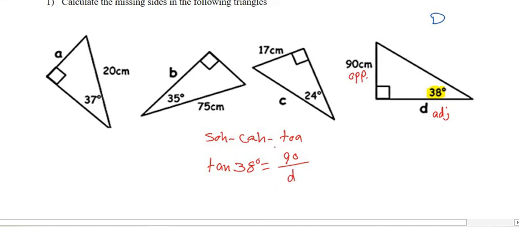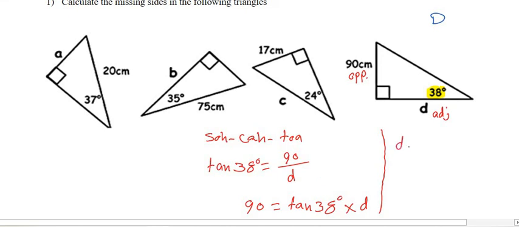And now we can apply cross multiplication again. So 90 multiplied by 1 simply equals 90 equals tan 38 degrees multiplied by D. And here you need to find the value of D, so you simply divide by tan 38.